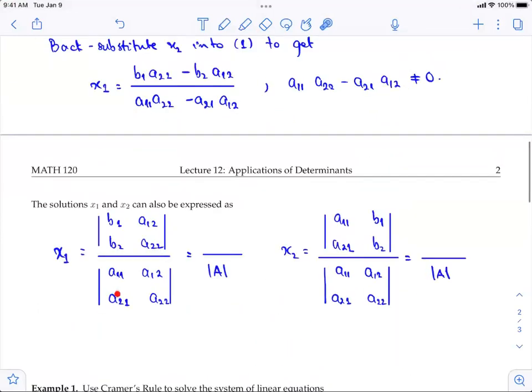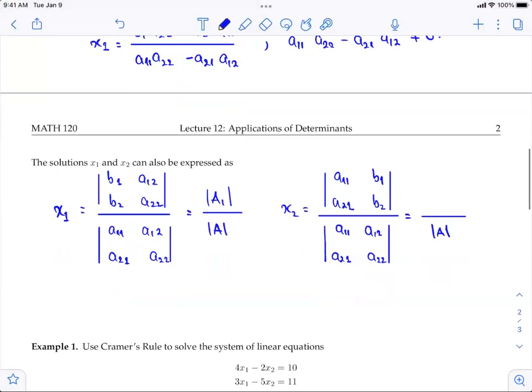If you remove the first column of the coefficient matrix and replace it with the entries from the right-hand side, you obtain this particular determinant. Because of that replacement, we call this the determinant of A1, where A1 is the matrix B1, A12, B2, A22.